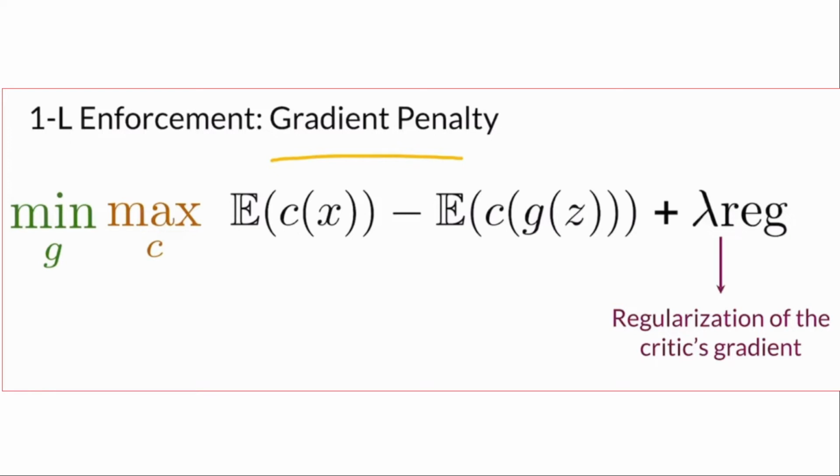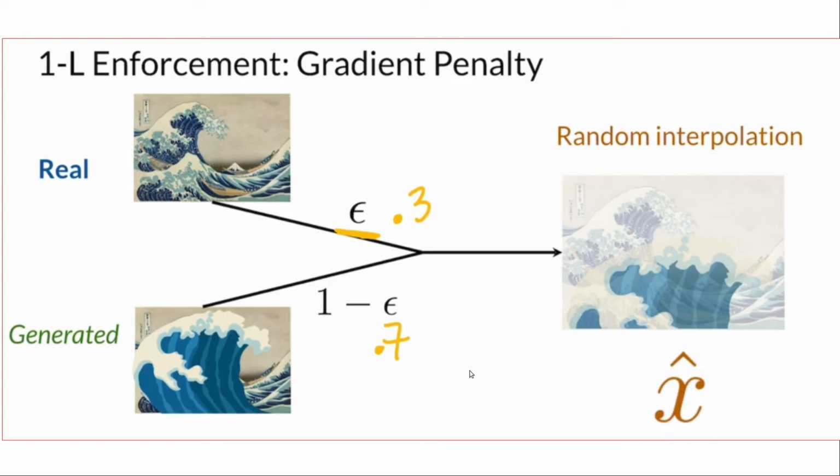Let's see what I mean by that. So, for instance, you could sample an image from a set of reals. That is, this is my real image, this is my generated one. And what I'm doing here is taking a sample from the real set and also the generated set. And then I can get an intermediate image by interpolating these two images using a random number epsilon.